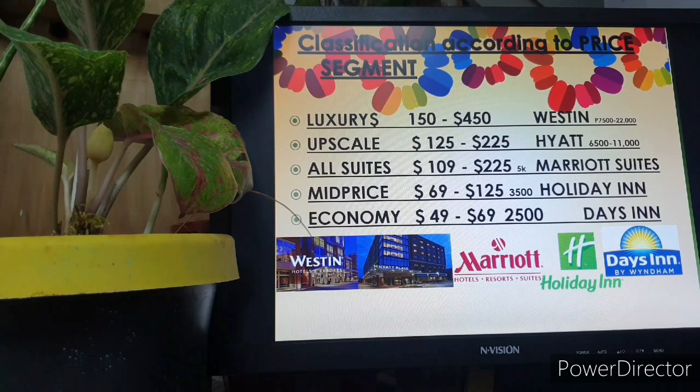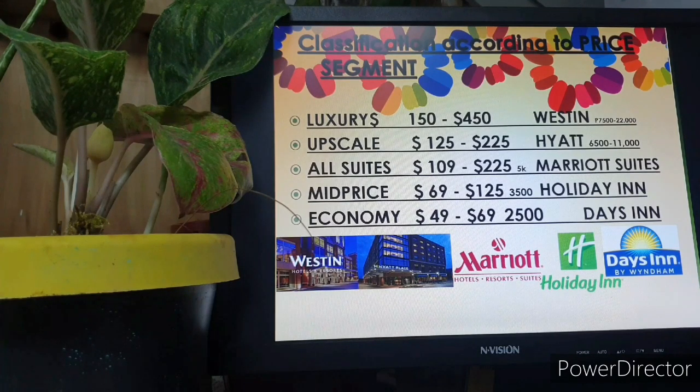Next in line, the mid-price. The best example for this is the Holiday Inn. It's a British-owned American brand of hotels and a subsidiary of Intercontinental Hotels Group. It has grown to be one of the world's largest hotel chains.